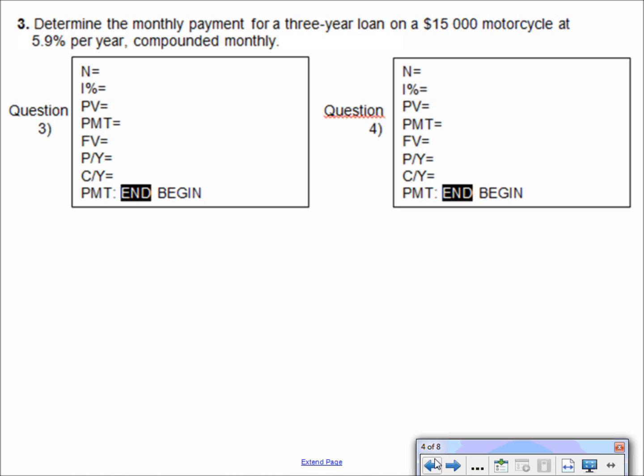So, 3-year loan, 12 payments a year. Does everybody agree with that? So it's going to be 36 payments.